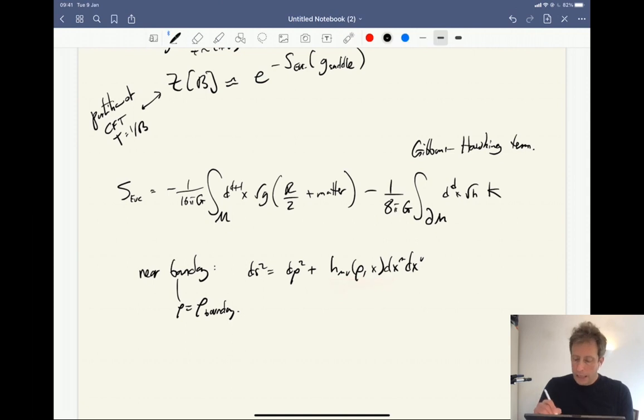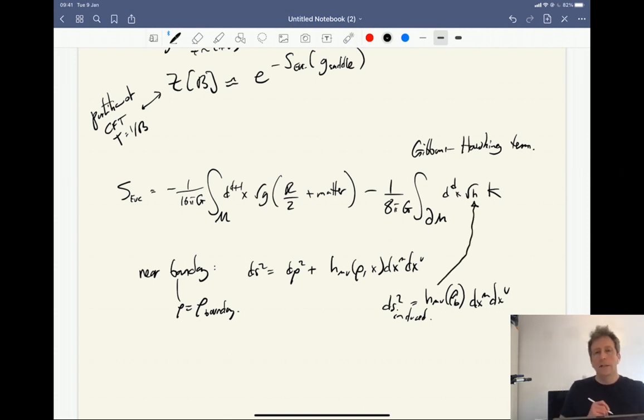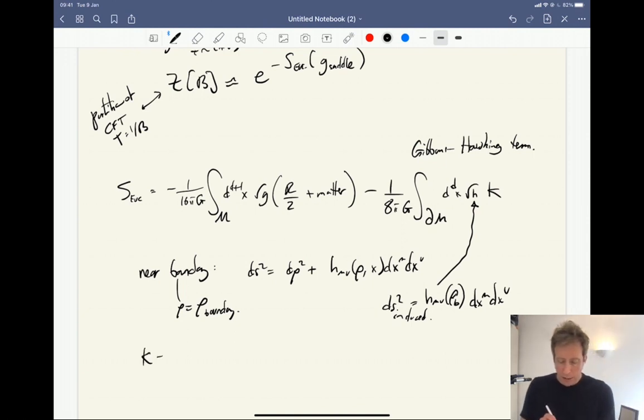H here, then H mu nu at rho boundary, let me just call it rho b, dx mu is the induced metric on the boundary, and it's this which you take the determinant of to get this root h, and K is the trace of the extrinsic curvature with respect to that metric.